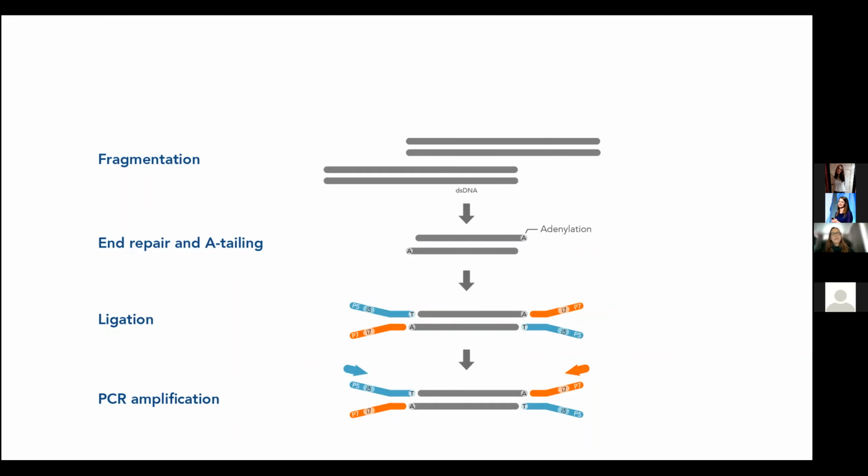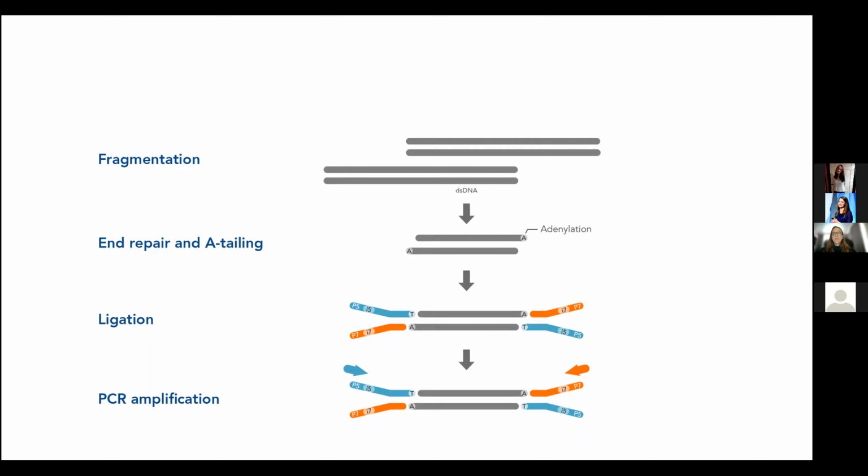Then after that, we would do end repair, which would make blunt ends of the previously fragmented DNA, because during the fragmentation it can be a little bit damaged, or there can be some breakage in one of the strands. Next is the A-tailing or adenylation, during which an adenine tail is added to the strands.